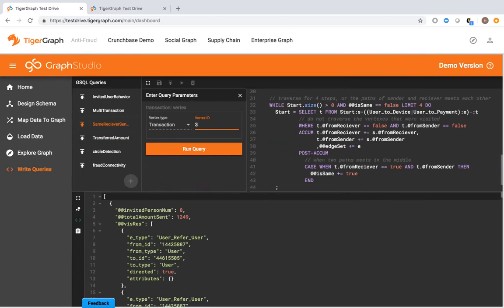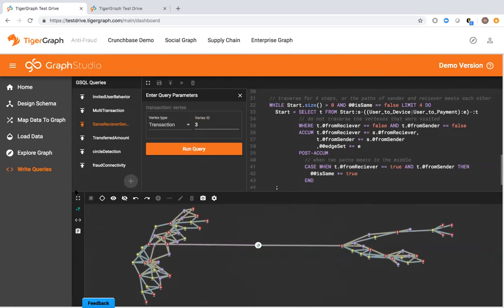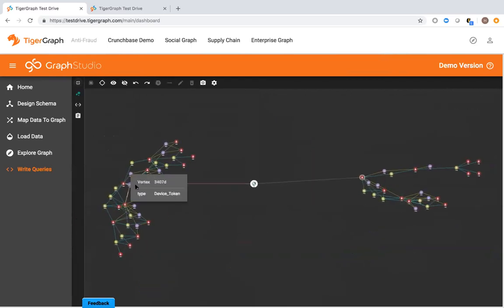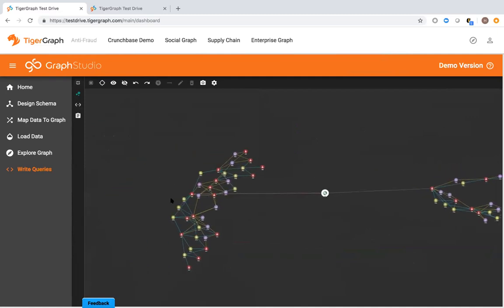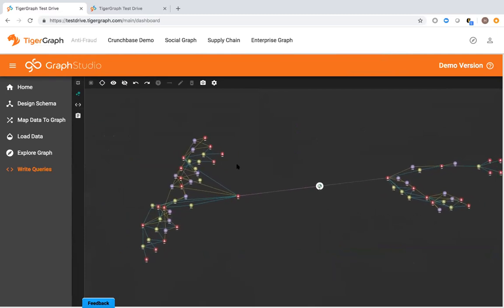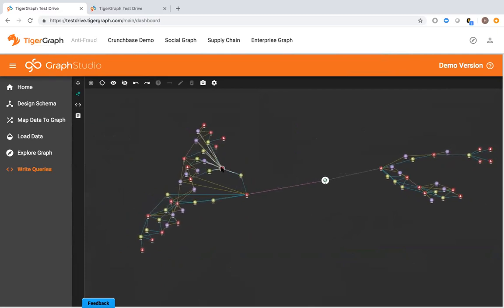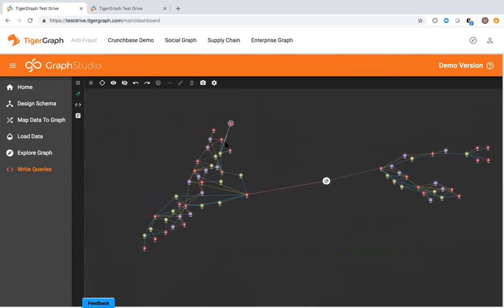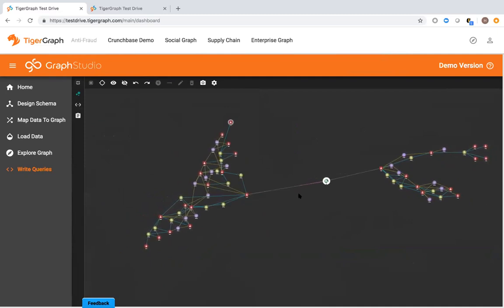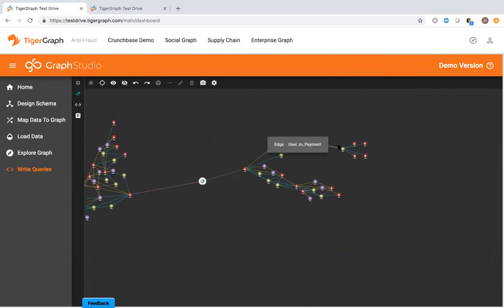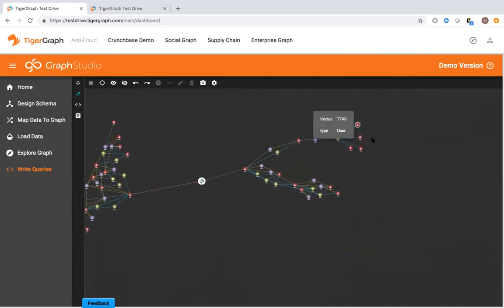For example, for transaction 3, from this transaction, we find the sender and the receiver. So this is the sender and this is the receiver. Here, the red one. And from the receiver, we traverse 1, 2, 3, 4 hops. Same for the sender. We also traverse 1, 2, 3, 4 hops.